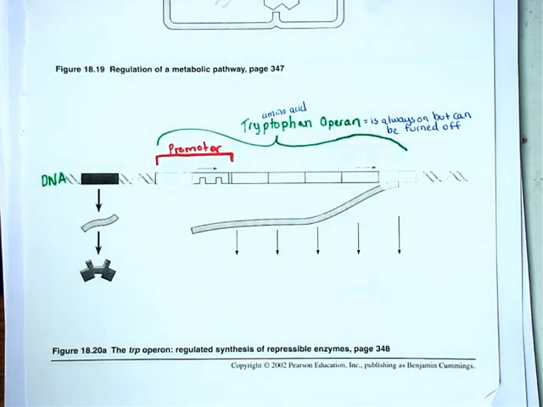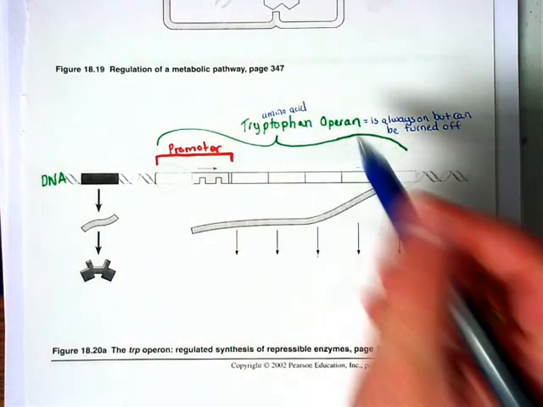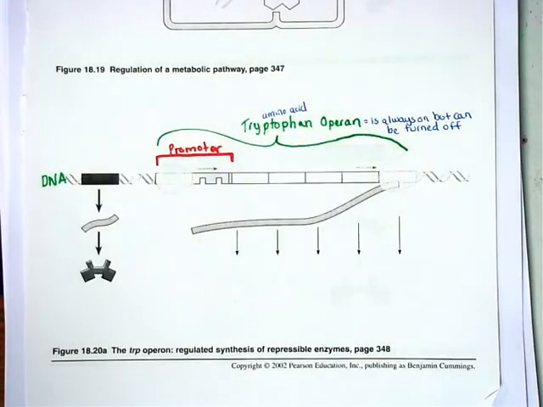The symbol for it is W. And tryptophan is not common in media where bacteria can be found, so a lot of times, since they'll be needing tryptophan, an important amino acid, they will be making it themselves, right? Which means they're going to need a series of enzymes to do a series of reactions to convert something into their tryptophan. Okay, so tryptophan's not always around, and so therefore this enzyme series, this operon, would always be on.